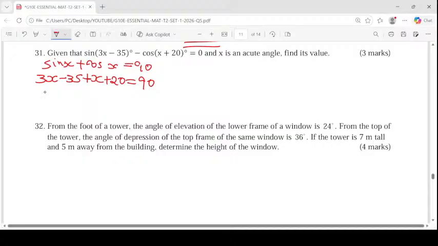3x plus x becomes 4x. Negative 35 plus 20 becomes negative 15, is equal to 90. Collecting like terms, you get 4x is equal to 90 plus 15, that is 105. Then it means x will be given by 105 divided by 4.